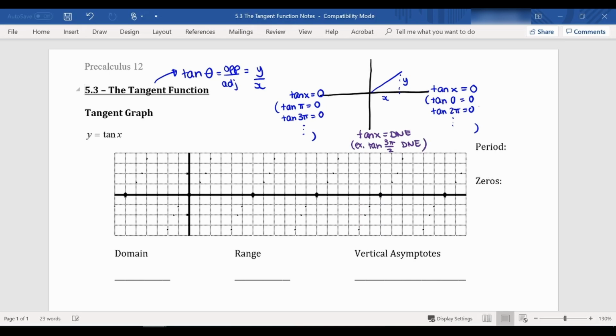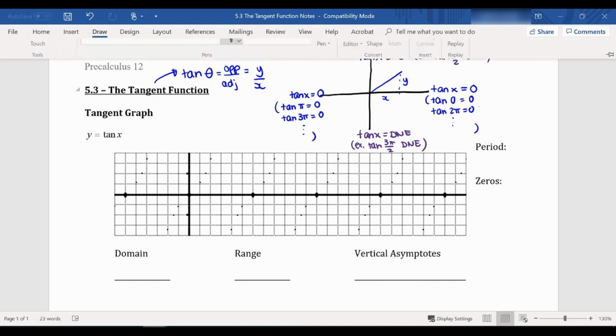If you plug tangent of 3 pi over 2 into your calculator, you'll get error. Also on the positive y-axis, again, x is 0, so you get y over 0, which does not exist. So for example, this might be tangent of pi over 2.